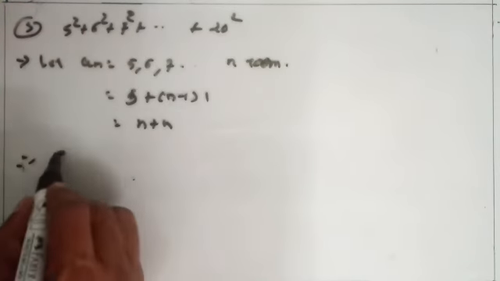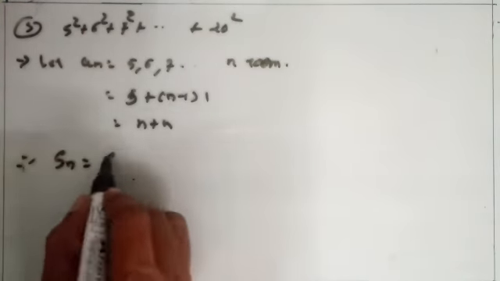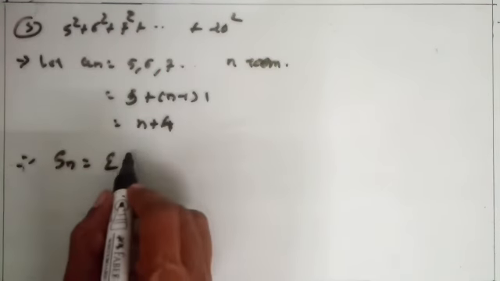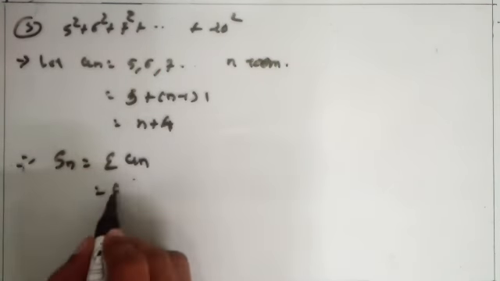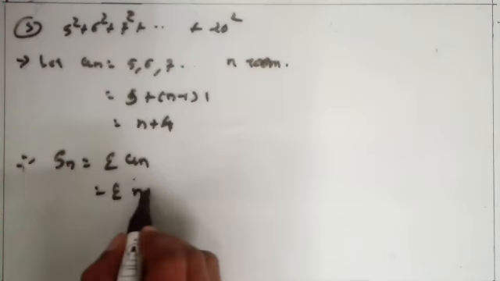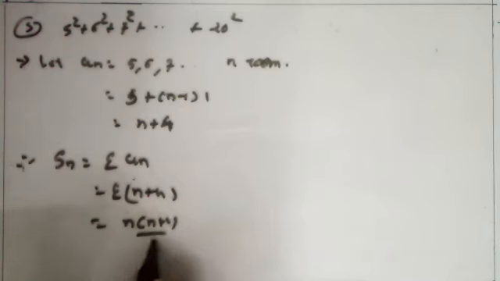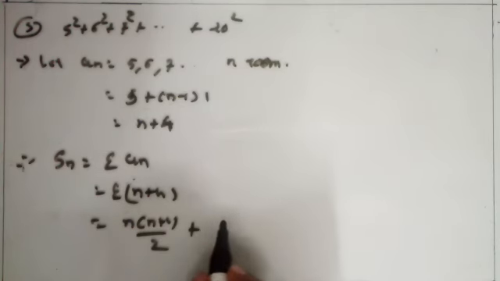Therefore the sum of n terms, S_n, is equal to, we know that sigma, here this is for a_n, so it is equal to sigma (n plus 4). Clear? So it is equal to sigma n plus 4 into sigma 1, and we know that sigma 1 is equal to n. So sigma 4 is 4 into n.